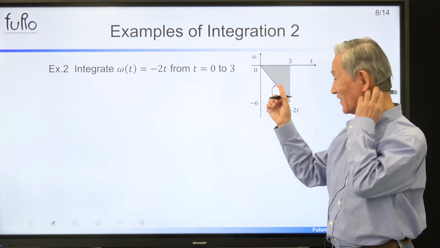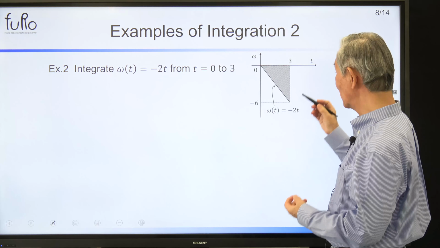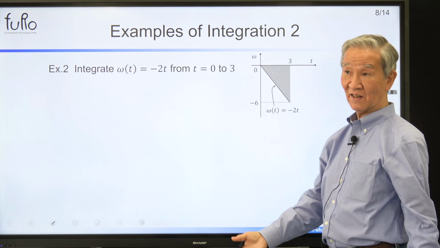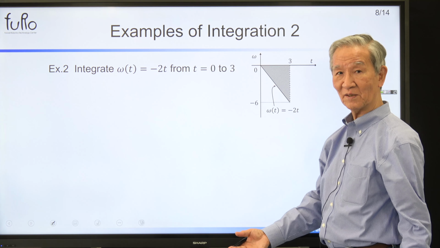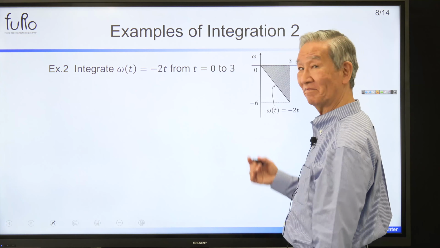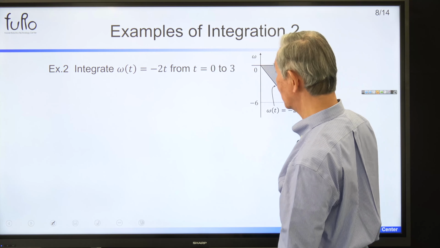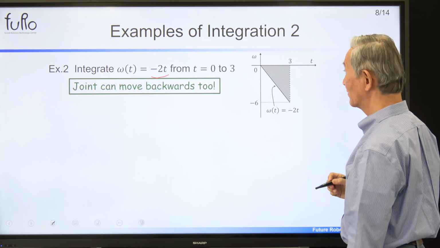Well, let's take a look at this one here. I said area. But if you take a look, this goes down to the negative side. When you look at the area, it has to be positive, right? However, integration is more general. So let's take a look at this function, minus 2t from t equals 0 to 3.